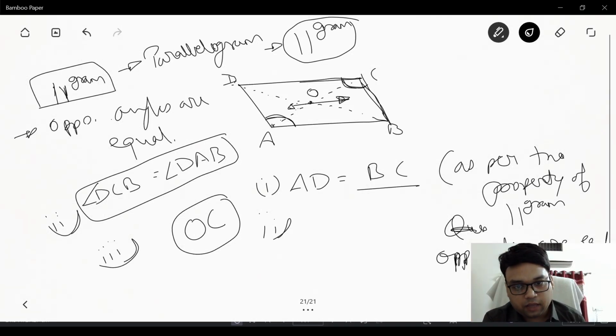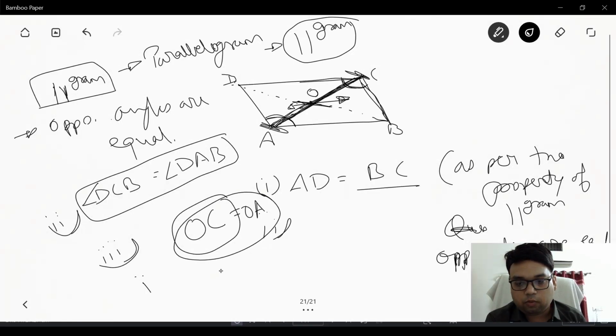This one is the bisector, it divides the whole figure into two equal parts. So OC is equal to OA, because as per the property of parallelogram, the diagonals bisect each other.